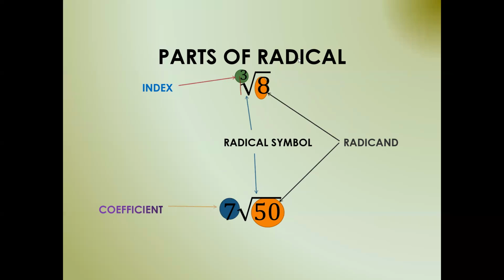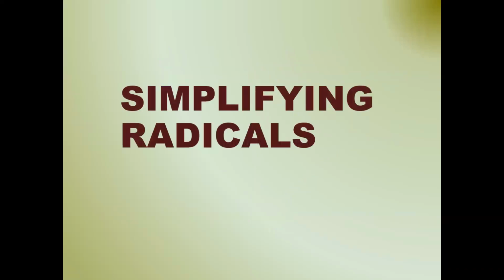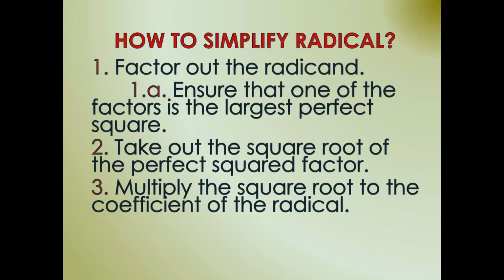Now, let us have simplifying radicals. To simplify radicals, of course, we have steps. Once the radicand, the number inside the radical symbol, is not a perfect square, the first step is to factor out the radicand. We have to ensure that one of the factors is the largest perfect square.